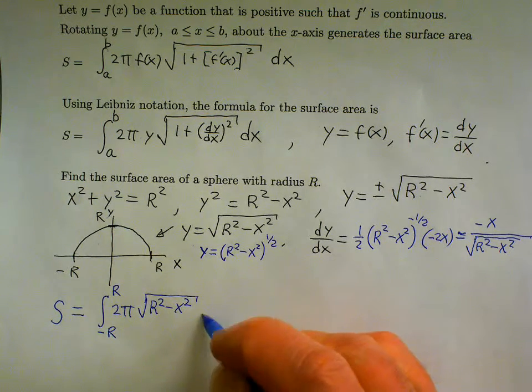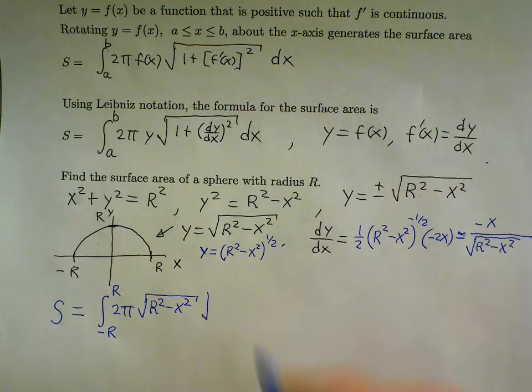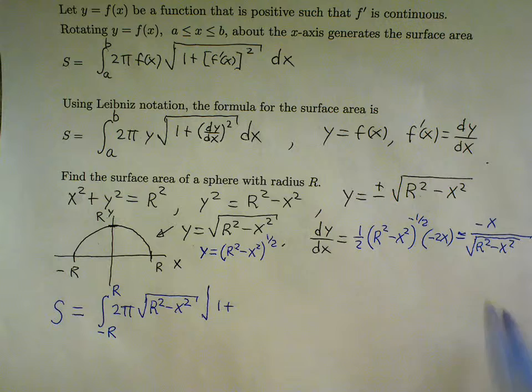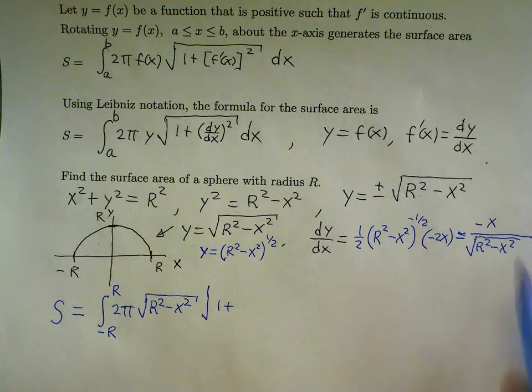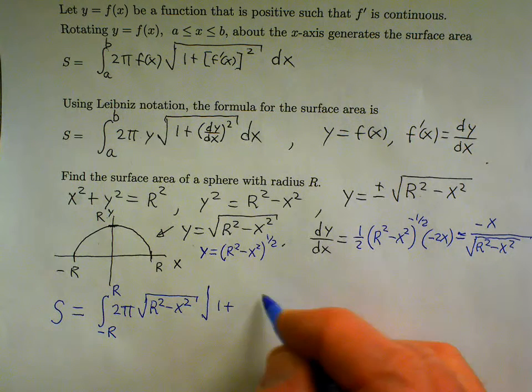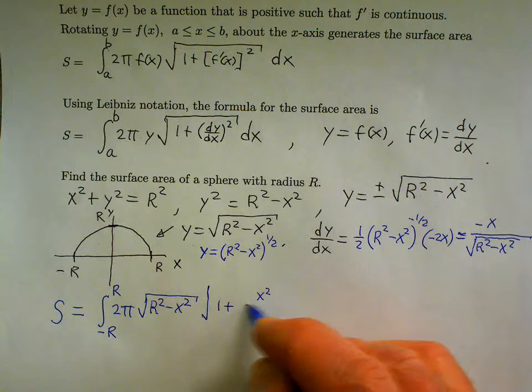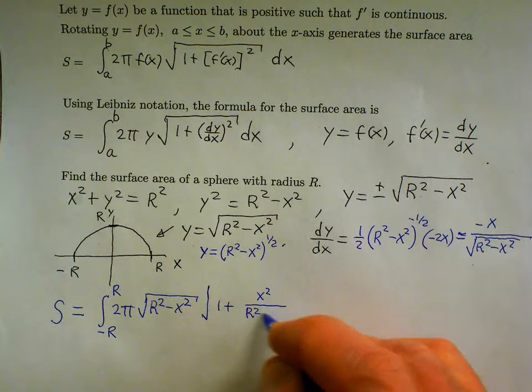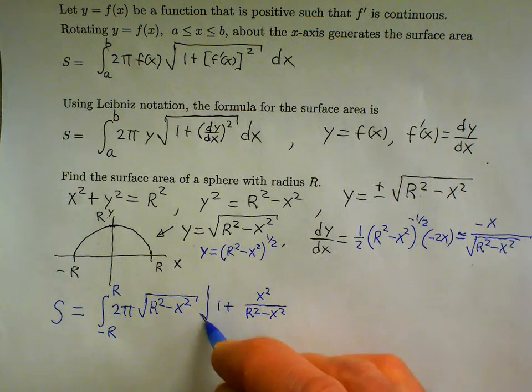And then multiplied by the square root of 1 plus the derivative of y with respect to x squared. So we're going to square this derivative. When we square the numerator, negative x, we get x squared. And in the denominator, when we square the square root of r squared minus x squared, we get r squared minus x squared. This is all inside the square root.